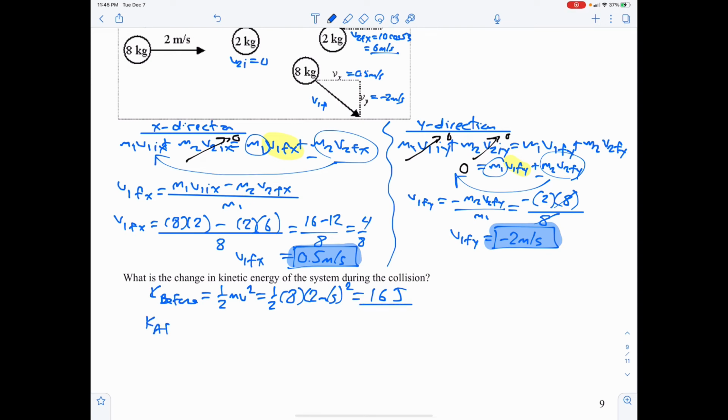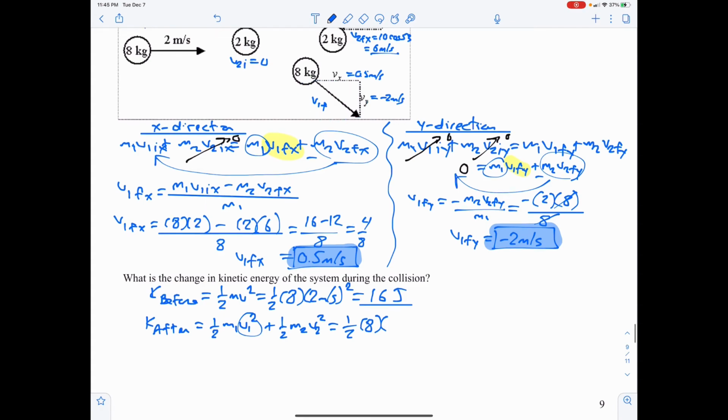Kinetic energy after is 1/2 m1 v1 squared plus 1/2 m2 v2 squared after the collision. So it's 1/2 times 8 times, okay, now to find V1 right here, we need to use the Pythagorean theorem.